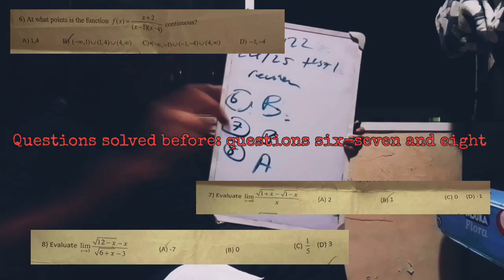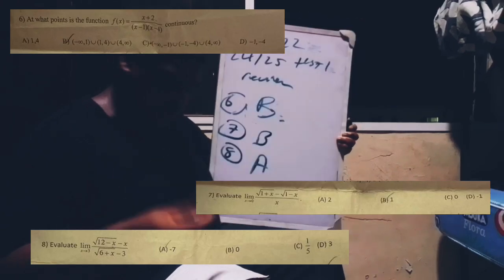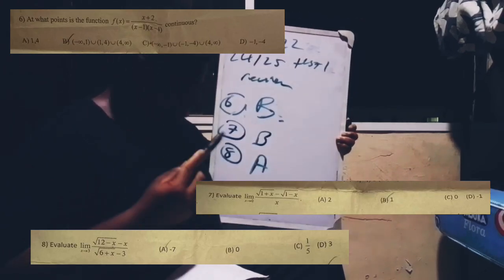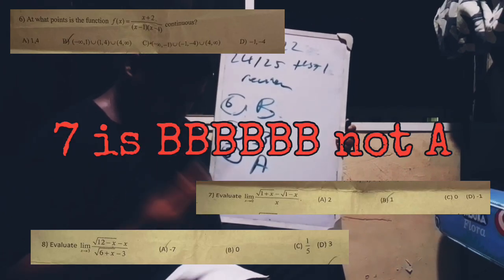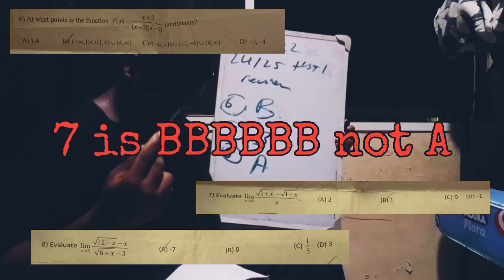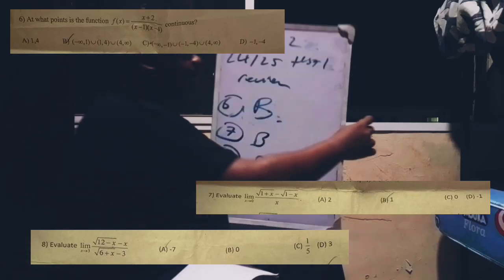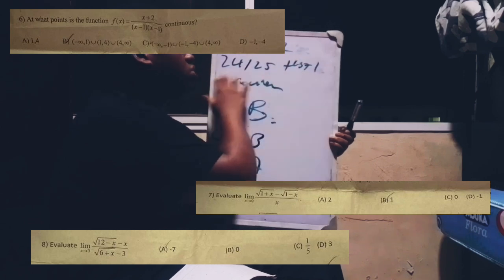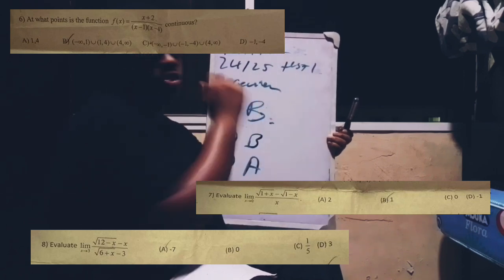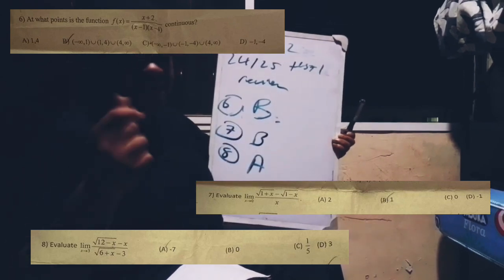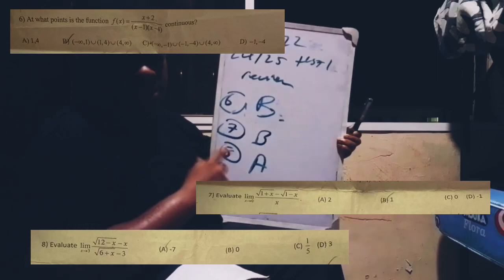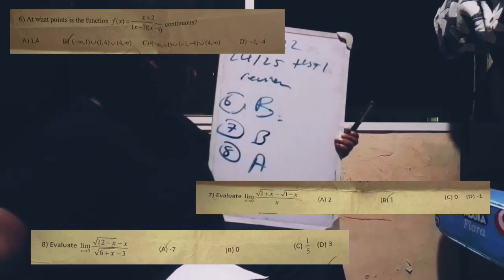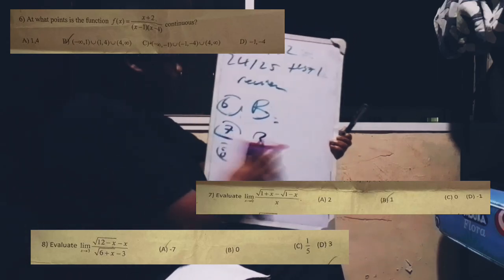So 6, 7, and 8 are past questions: question 6 is option B, question 7 is option B, and question 8 is option A. You will find them in the MTH 122 2024 and 2025 test 1 review, which is already on my YouTube channel. It was uploaded before the test, so you can go and find out how to solve them there. Let's move on to the next question.